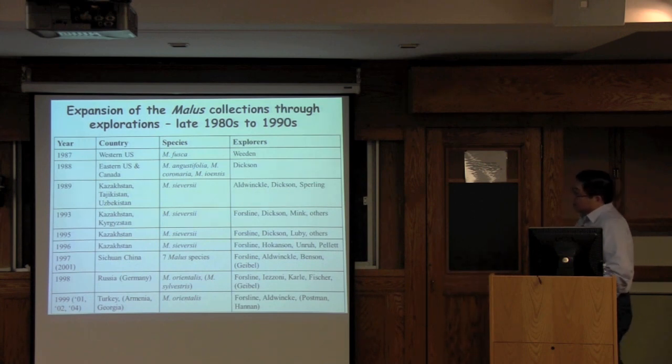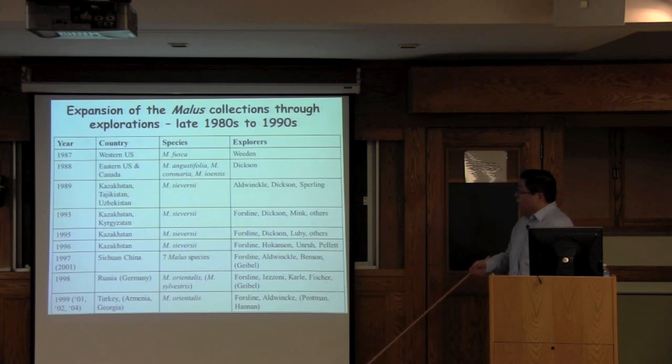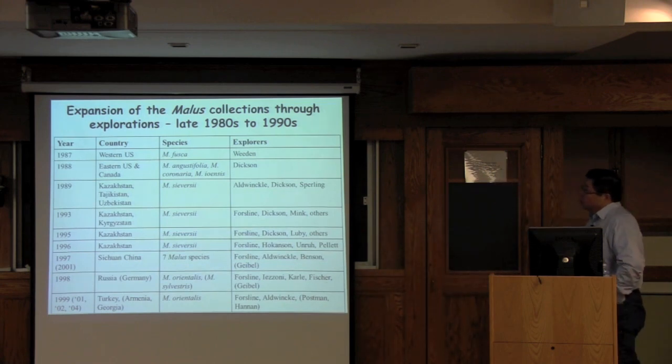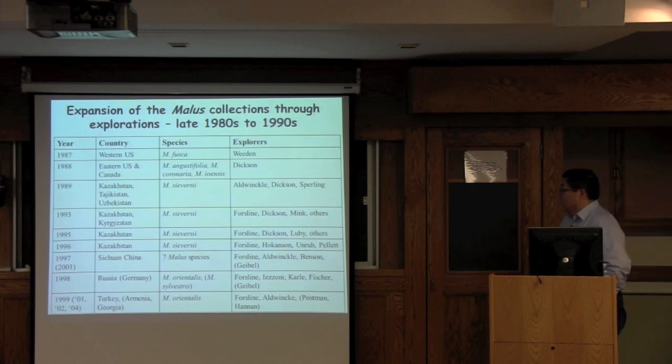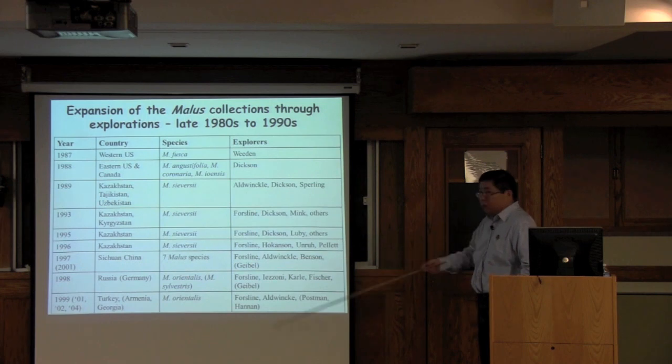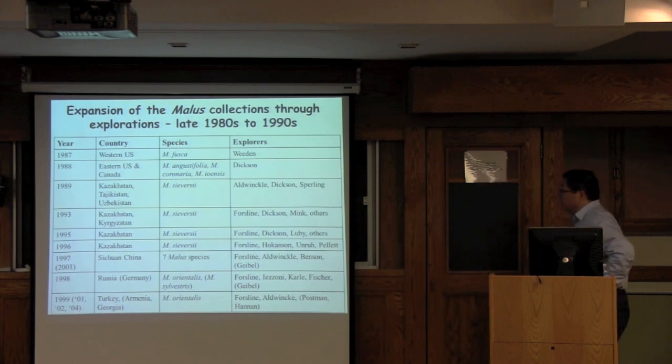Then in 1997, Professor Aldwinckle, together with Phil Forsline, went to collect 7 different Malus species in southwest China, the Sichuan province. Later, in 2001, Gabel from Germany went to the same place to collect similar material. There were extensive exchanges of material between the 2 explorations.